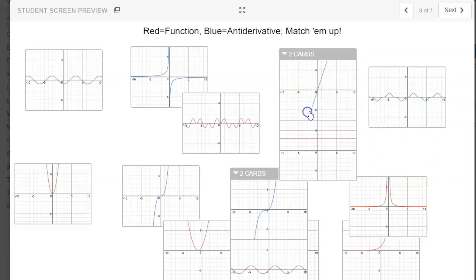So we pick this red one here to go with it, and then we check our answer and we think, okay, if this is the function, well, the antiderivative of that must be this. If that's true, then the derivative of the blue must be the red. And we think, yeah, it's a constant value and it's positive, and so it must be this one here.